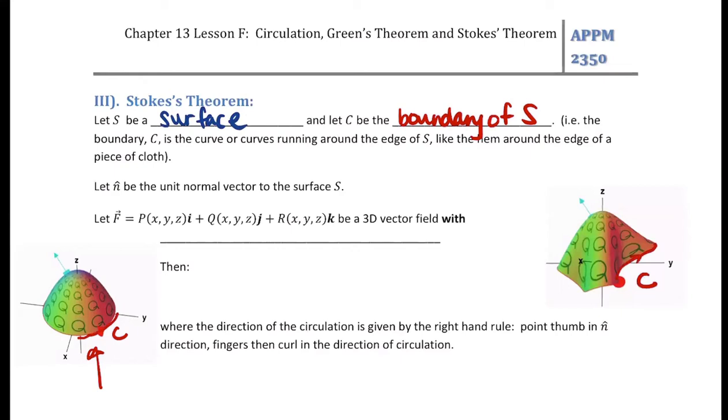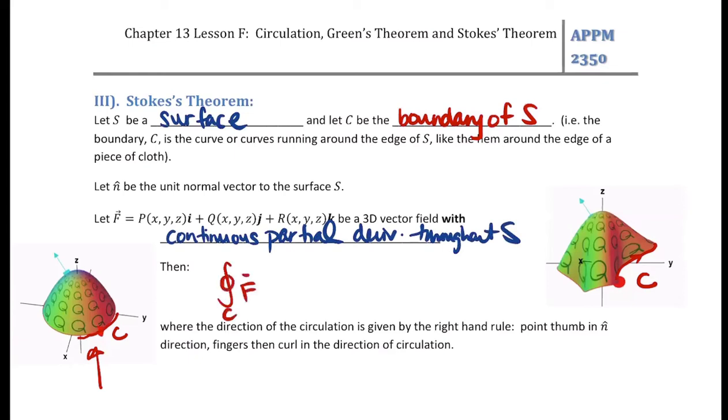And as long as you have continuous partial derivatives everywhere inside the surface S, or everywhere inside your interior surface here, throughout S, then we can find the circulation around the boundary by actually doing a surface integral over the surface of the curl dotted with the normal vector.